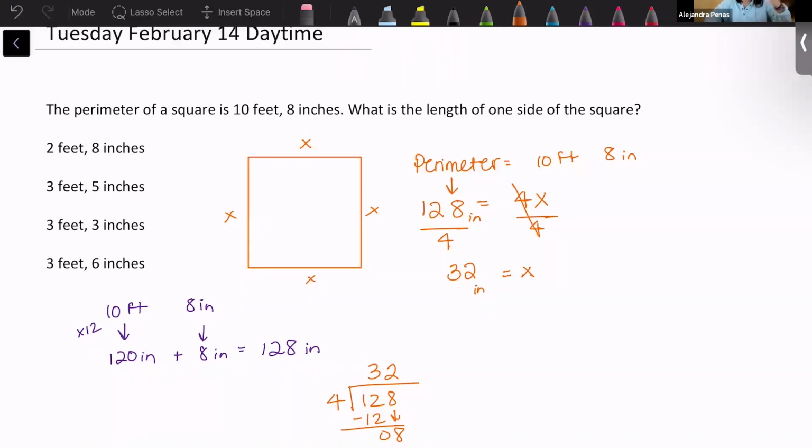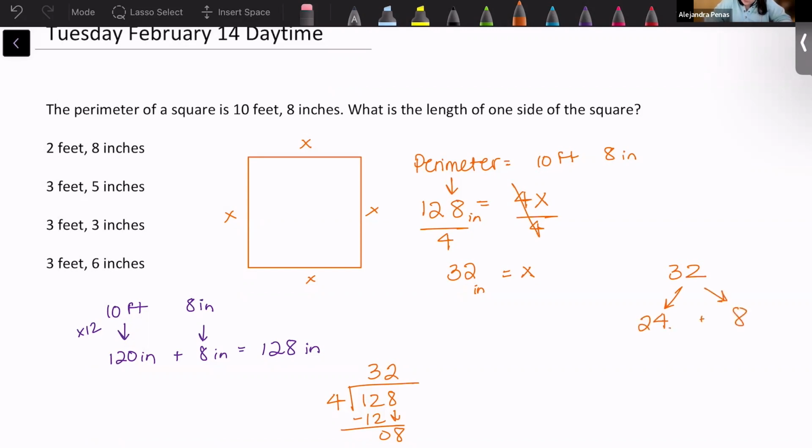So we just need to convert this back into feet and inches. Remember that each foot has 12 inches. So you could just technically divide this by 12 and then you're going to find out inches, but you're going to end up with a decimal. What's a little bit easier to do is say, okay, 32, that's the same thing as 24 plus 8, right?